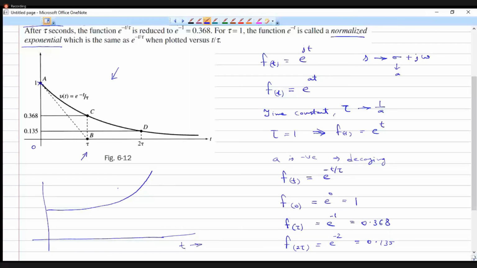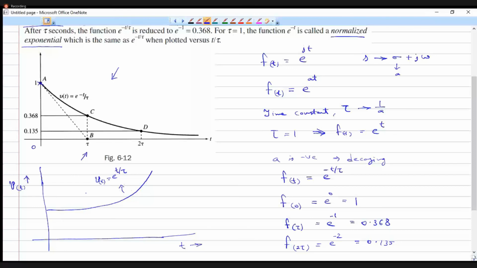So this is the graph for v of t is equal to e power t by tau, in which we have positive values of the exponent.